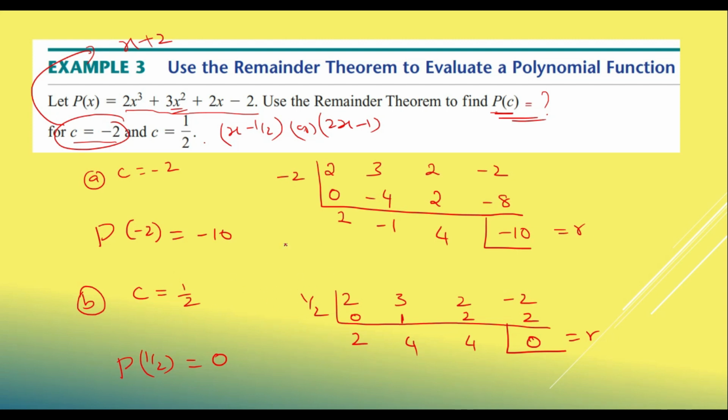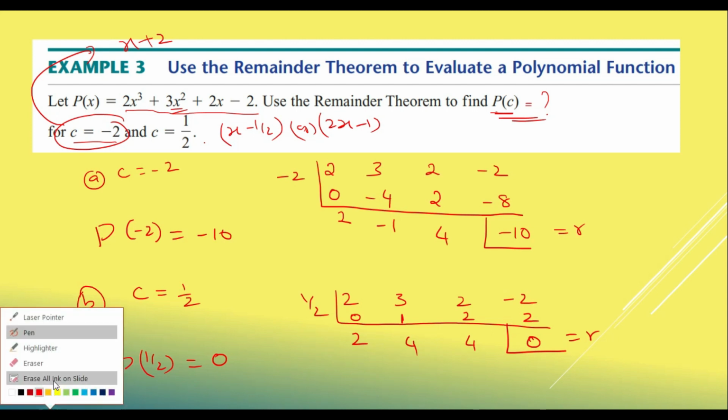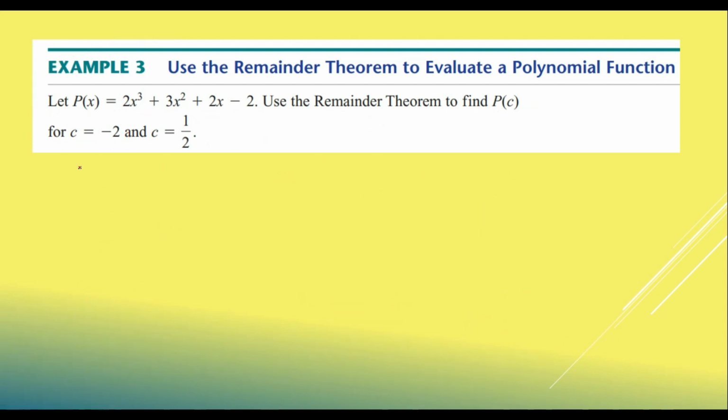Now I am erasing this board, and I am writing some more conclusions. Okay, you understood that p of minus 2 is minus 10 and p of half is 0.